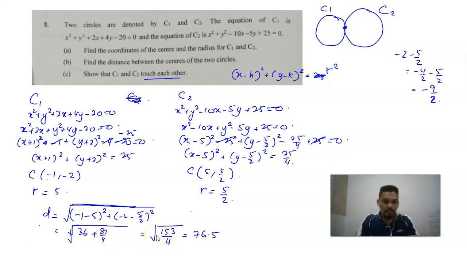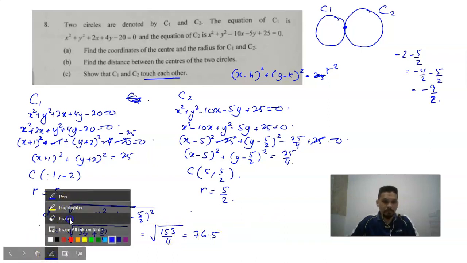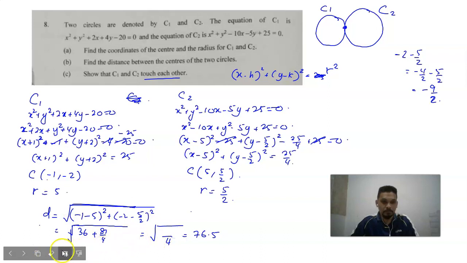What about this? 36 plus 81 divided by 4 equal to 225 divided by 4, and this is not 76.5, it is 15 over 2.